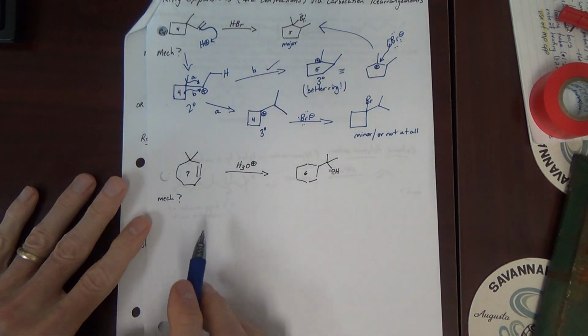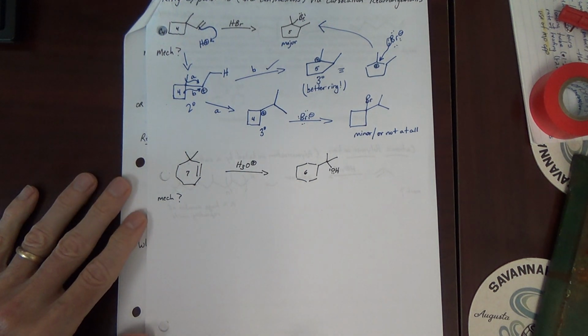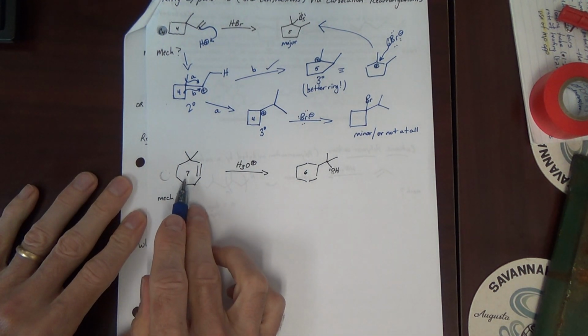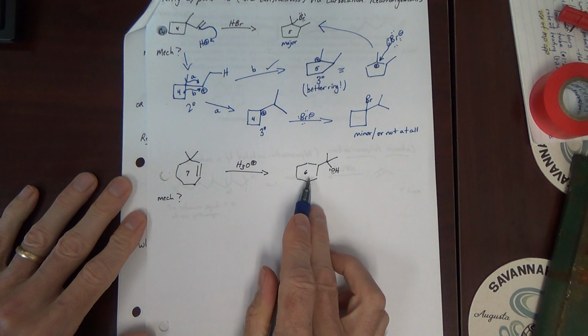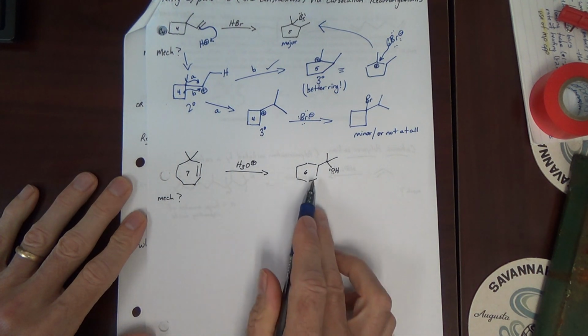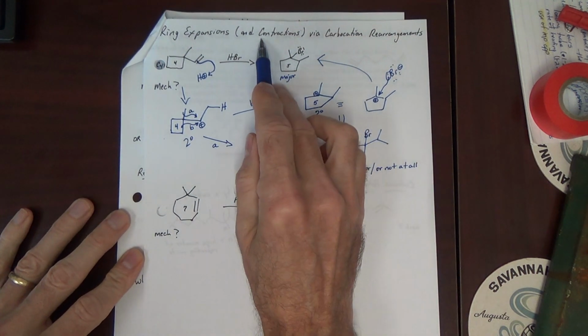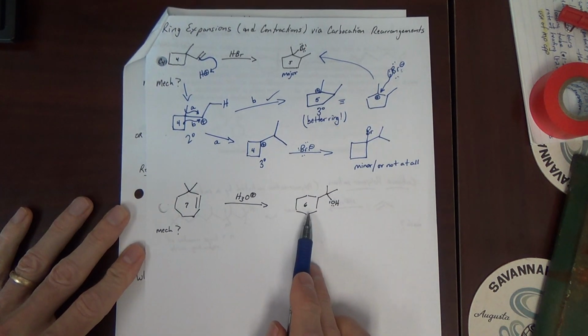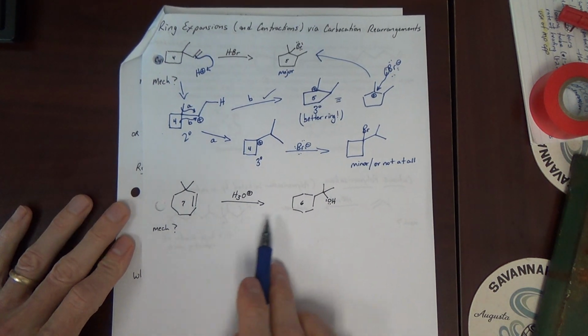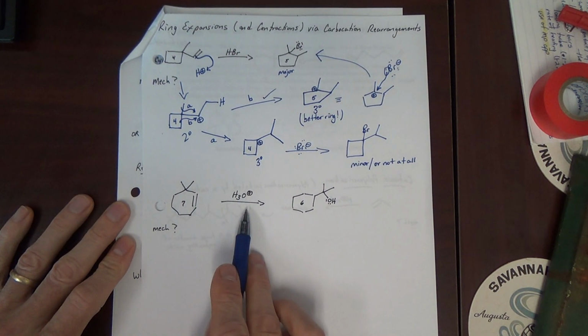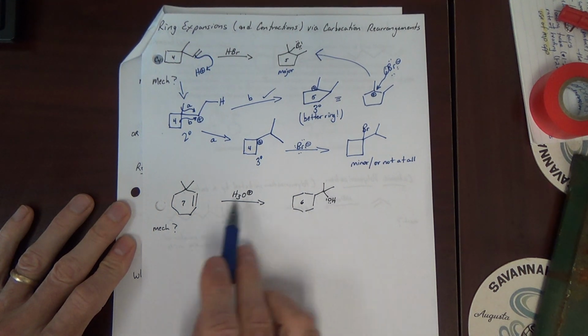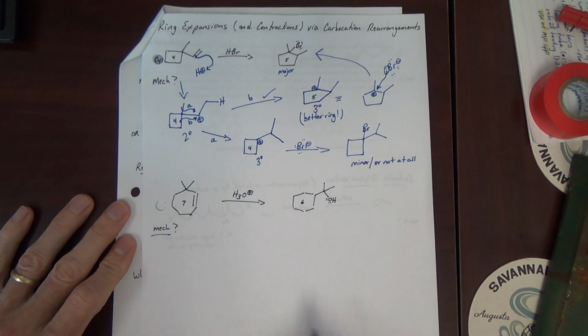Okay. The one below I want you to do on your own. If we look at it, we see we go from a 7 to a 6. That would be a ring contraction, obviously. The ring is getting smaller. Looks like we're doing a hydration reaction, ending up with an alcohol. But how do we get there? What's the mechanism?